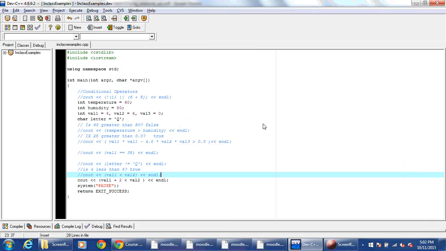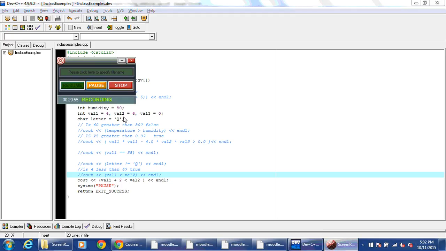Okay? Again, I repeat. When you have the less than or greater than, and you're comparing numbers that are exactly the same, you're always going to have a false value, because 6 less than 6 or 5 less than 5 is always going to give you a false. Okay?